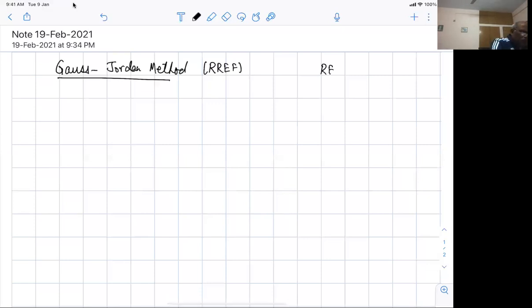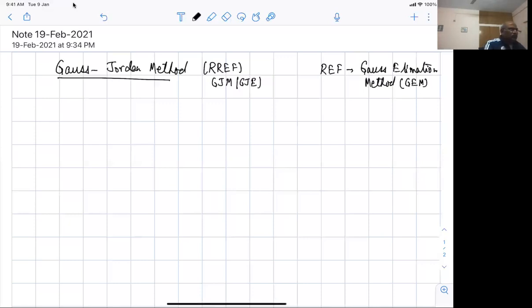And for the row echelon form, if you remember, we use what is called the Gauss elimination method, or in short, GEM. And the Gauss-Jordan method you can write as GJM or GJE, whatever you want to write. Let's understand what we are trying to get.